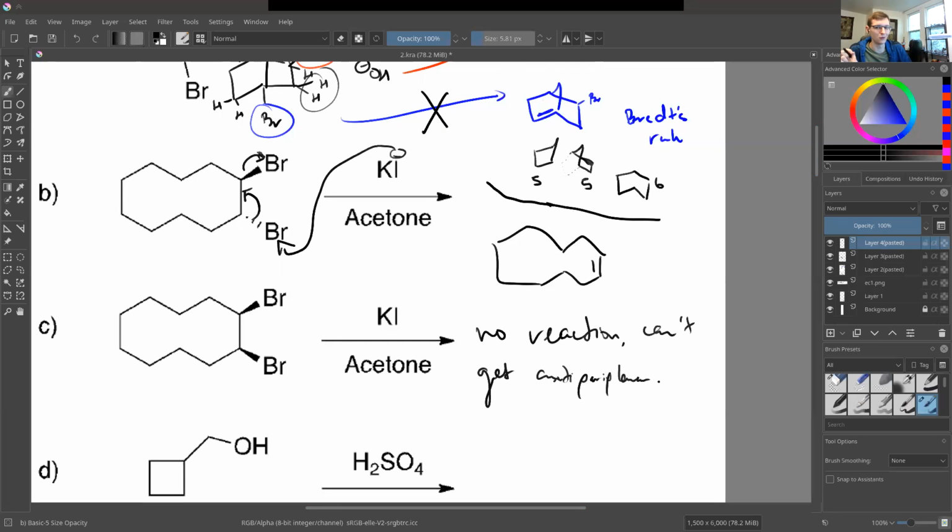You should never see a reaction like this and think, oh, I could do syn periplanar. Don't think that. They'll probably tell you if it's syn periplanar. So if it's syn, just assume it doesn't work unless they tell you otherwise. I think that would be a safe bet.